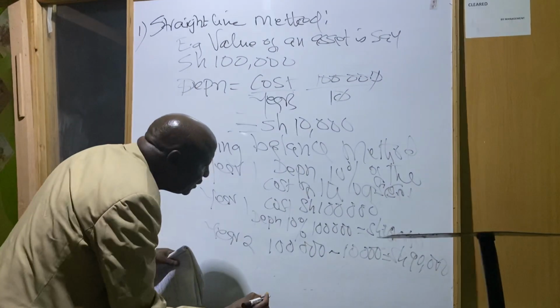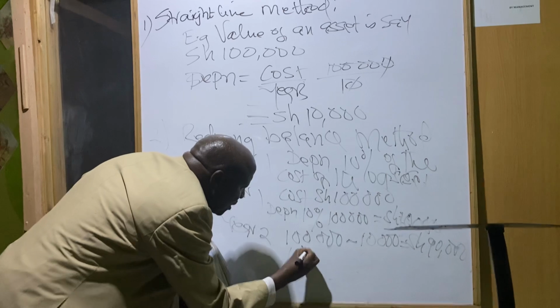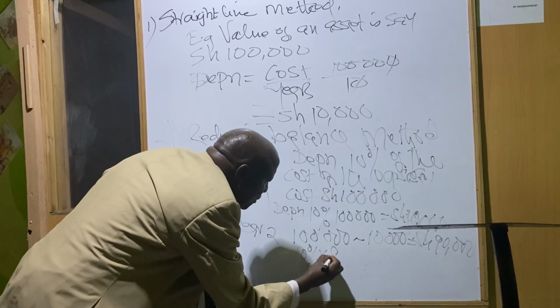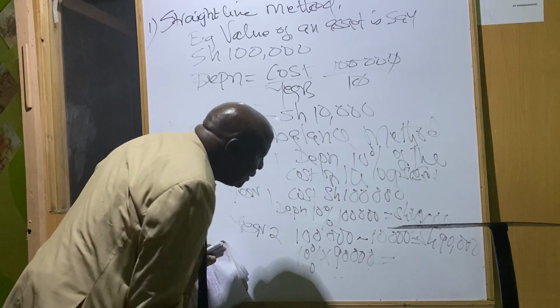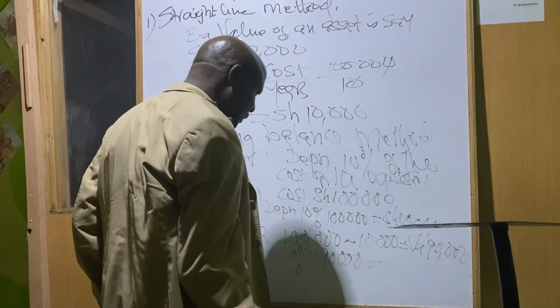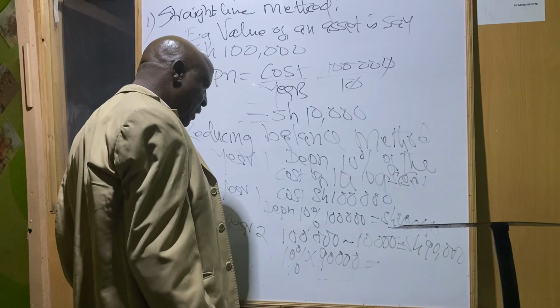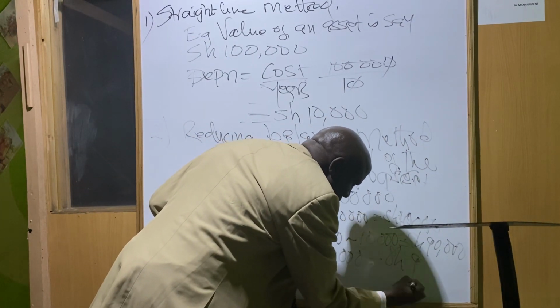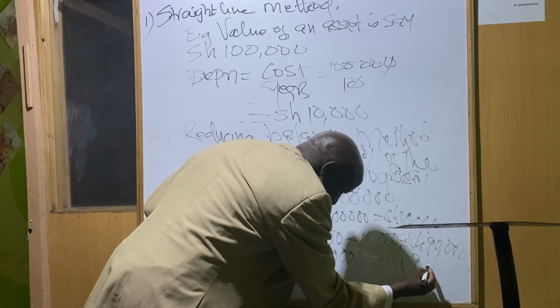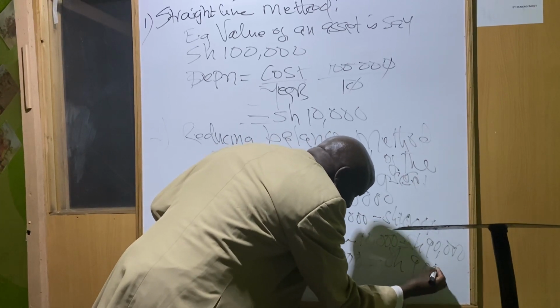So we say 10% of 90,000. Depreciation will now be 9,000.